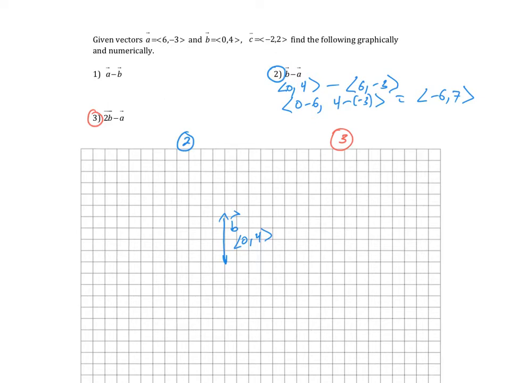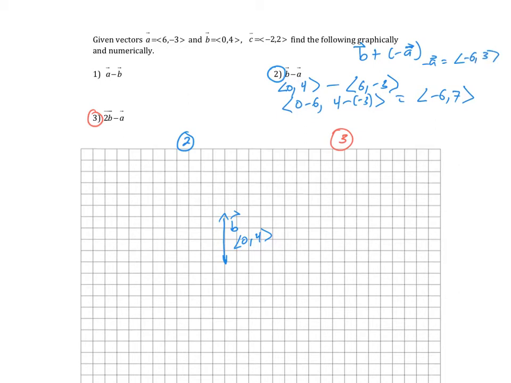And then from that, we want to subtract a. Remember, when we're doing subtraction, we really want to think of this as b plus the negative a vector. The negative a vector is the vector a, but going in the opposite direction. So negative a is the vector negative 6, positive 3.